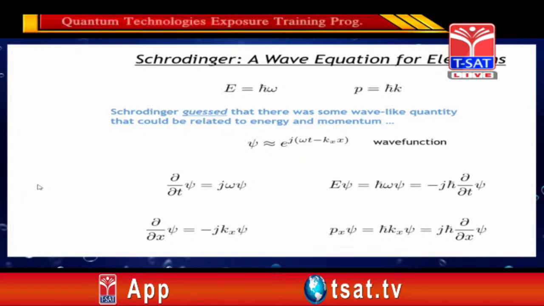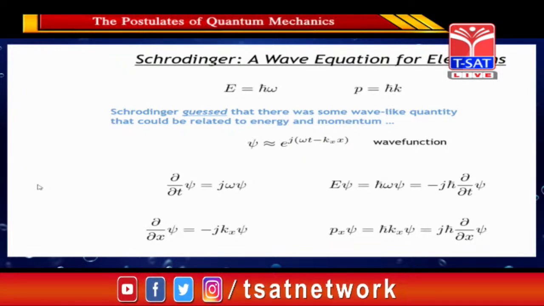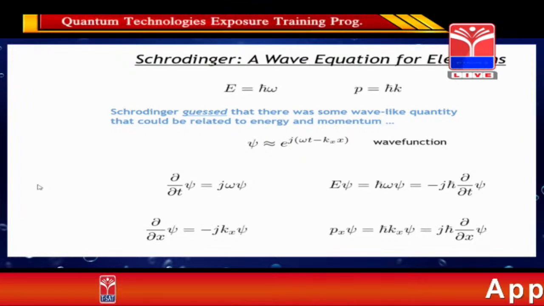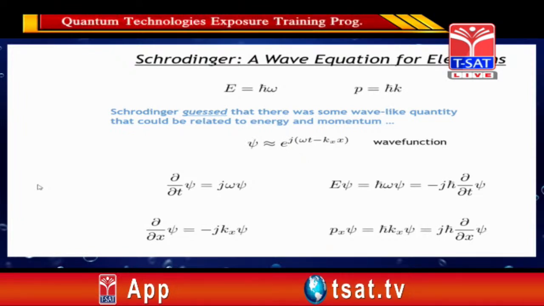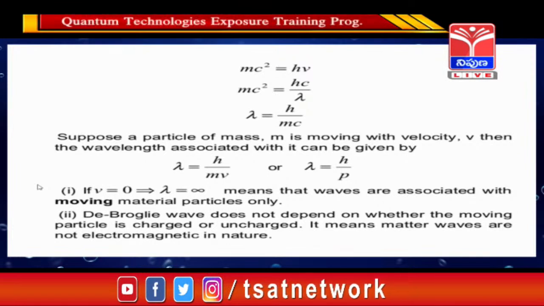Here omega is twice pi into nu, that is twice pi into frequency, which we know is called the angular frequency. So this is basically the same. So E equals h bar omega, this is Planck's law, and p equals h bar k is from the de Broglie hypothesis. You see, the de Broglie hypothesis was what? Lambda equals h by p, or p equals h by lambda.